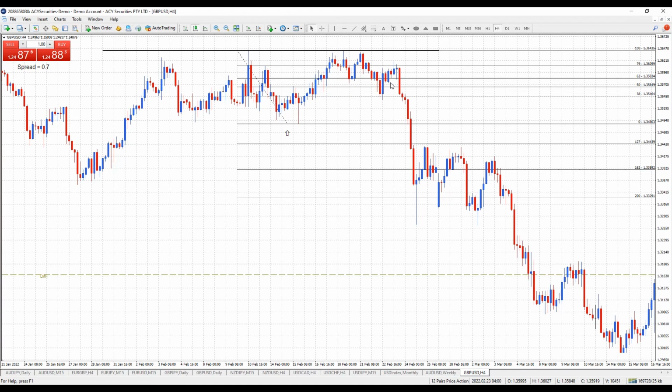Now if you drop down to a 4-hour chart, what you'll see is that there'll be little swings within the 4-hour chart. So often what I wait for is price to have a decline, and then on the 4-hour chart I'll wait for a swing back up, like so. And what I'll often do is just get rid of that fib for the moment.